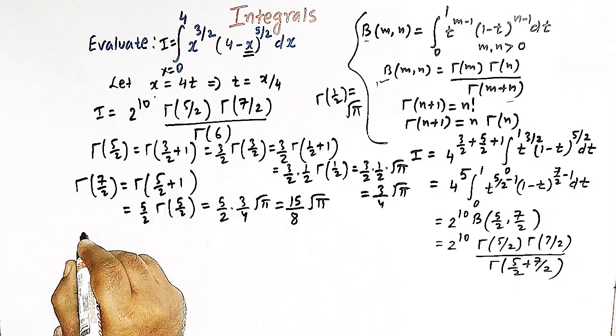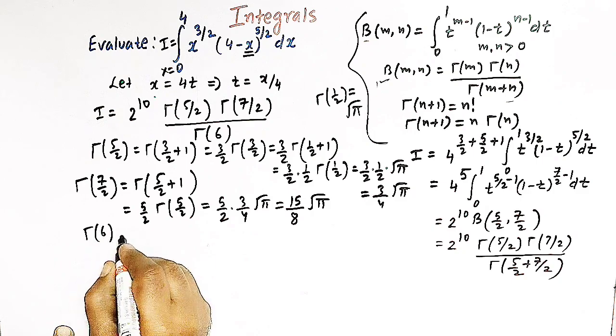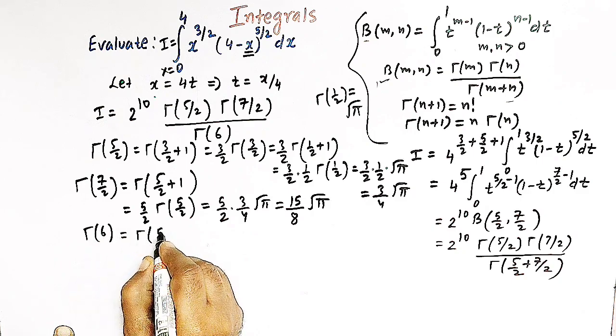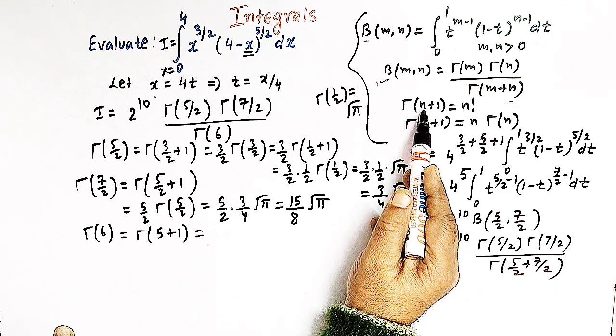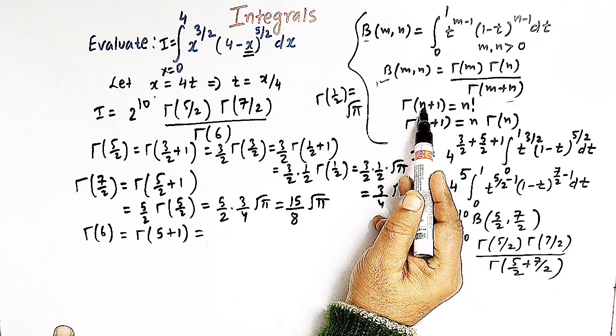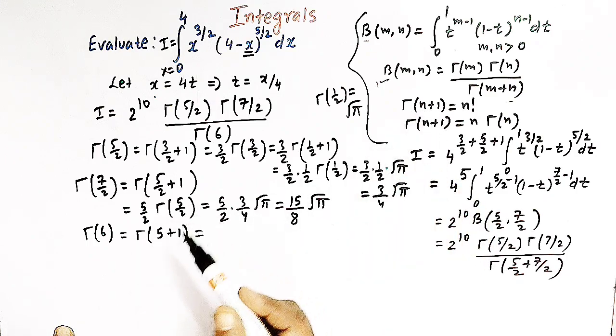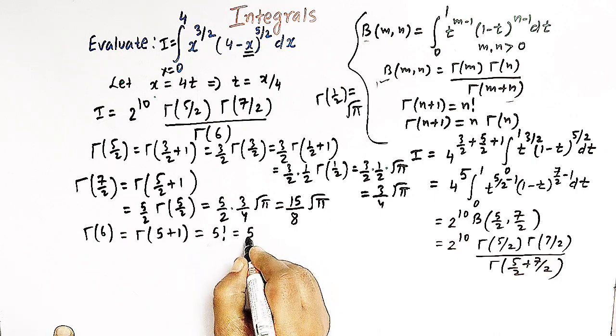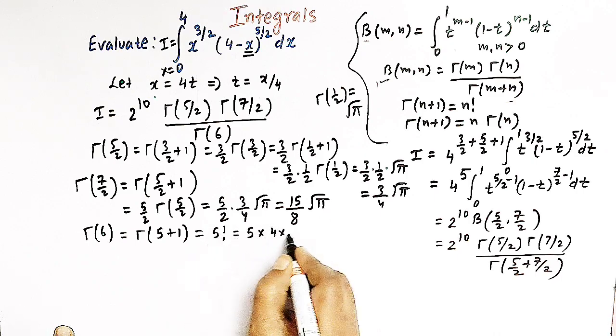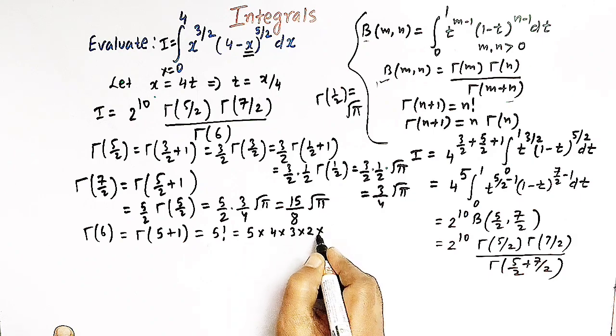And now gamma 6 can be written as gamma 5 plus 1. So here we can apply this result. So n is 5, which is a positive integer, so we have 5 factorial. So 5 factorial is 5 times 4 times 3 times 2 times 1.